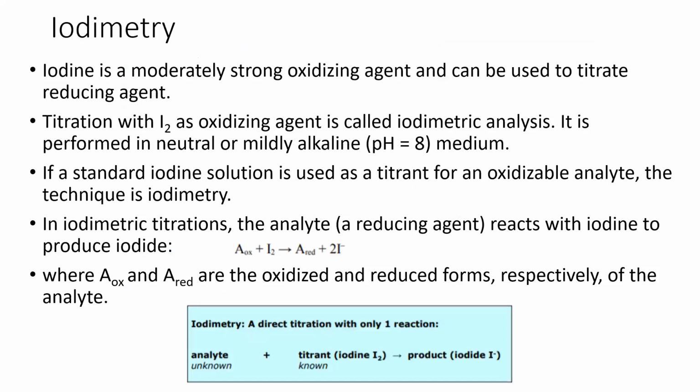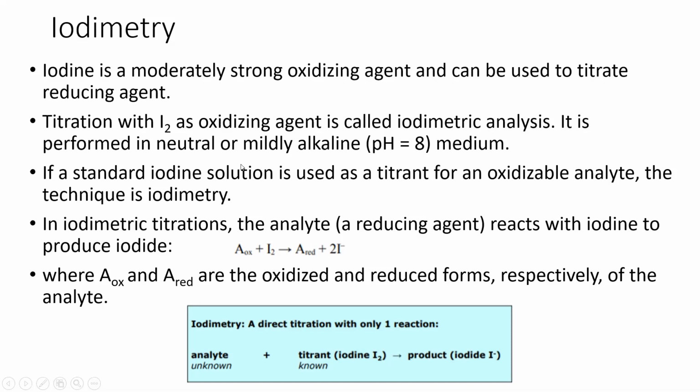So let's look at them one after the other. In iodimetry, iodine is a moderately strong oxidizing agent that can be used to titrate reducing agents. This is your analyte that you don't know. Your titrant is your iodine, which is an oxidizing agent, to now produce your iodide. The titration with iodine as an oxidizing agent is called iodimetric analysis.